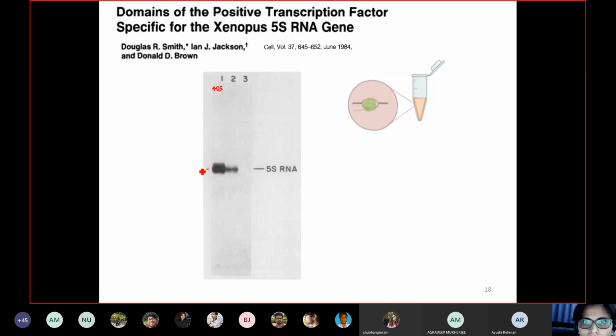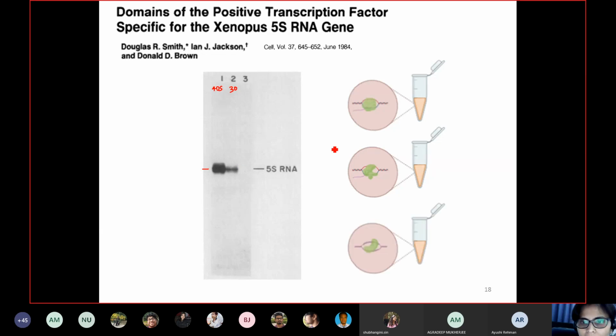When you have the fragment which is the 30S molecule, the transcription occurs, but there is a limitation: only 20% of transcription is happening compared to the wild type 40S transcription factor. Whereas when the 20S, the 20 kilodalton fragment, was used, there was no transcription occurring in lane 3.